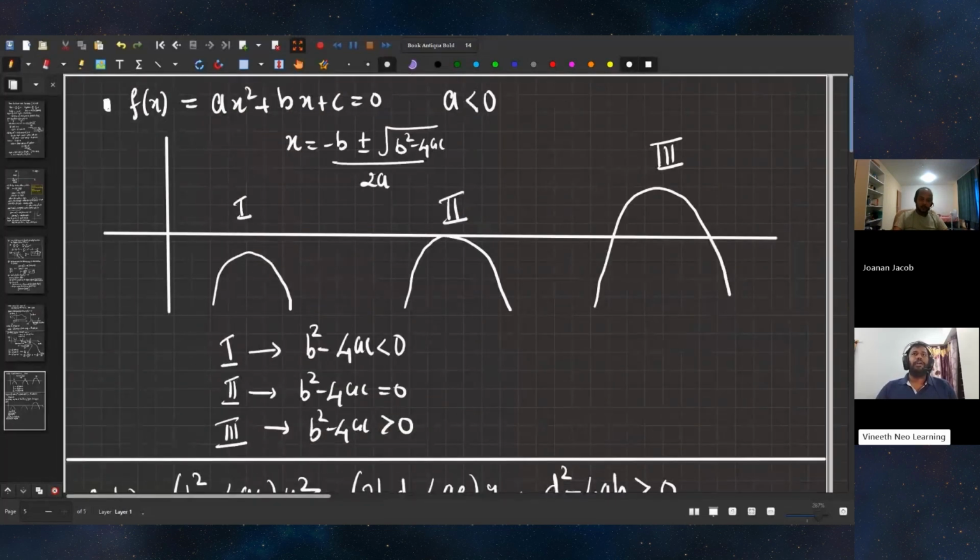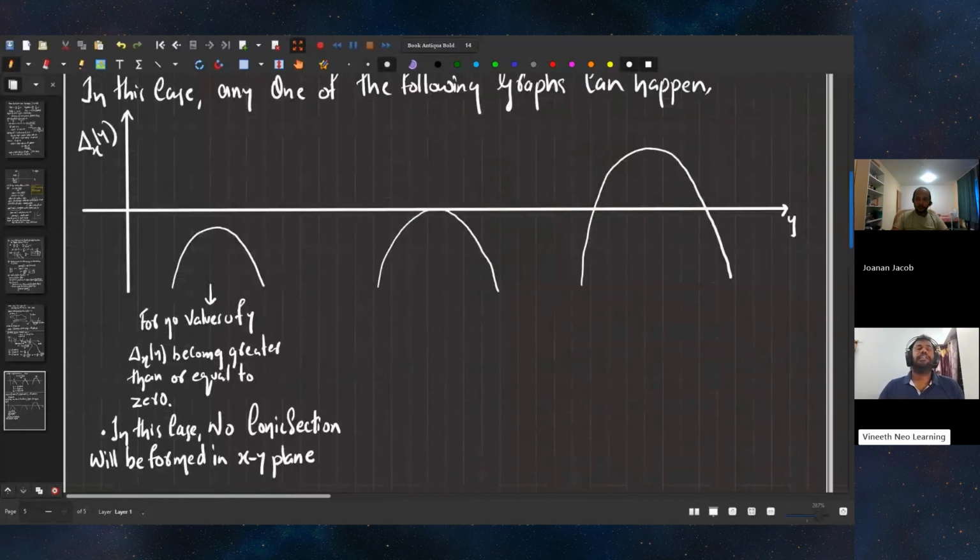What will happen in this condition? Let's assume there is a conic section for a single value of y, y naught. For a single value of y, delta xy touches the y-axis, meaning delta xy becomes equal to 0.